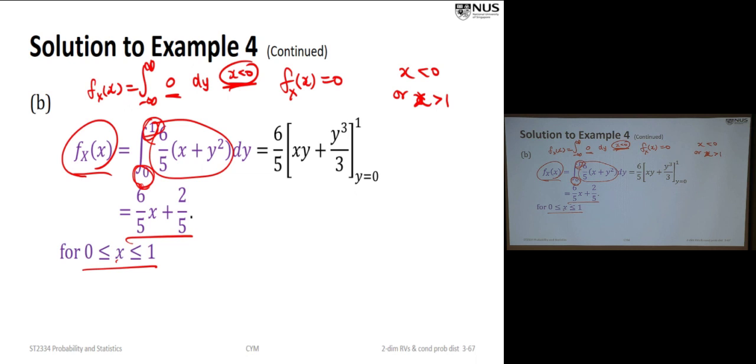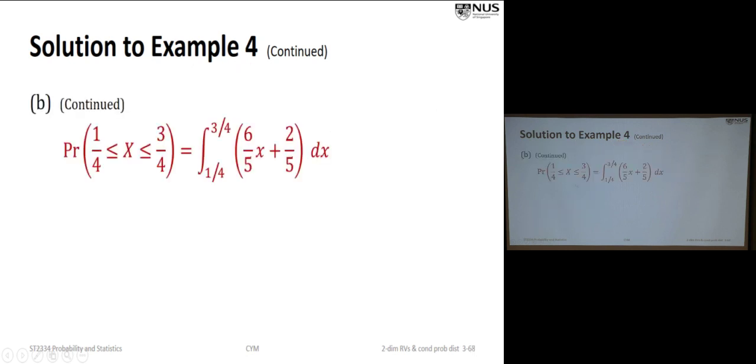Outside that it will be 0. So you get the marginal f of x through integration. Integrate out y. But the whole thing is 0, so the answer is 0. So it's 0 otherwise.